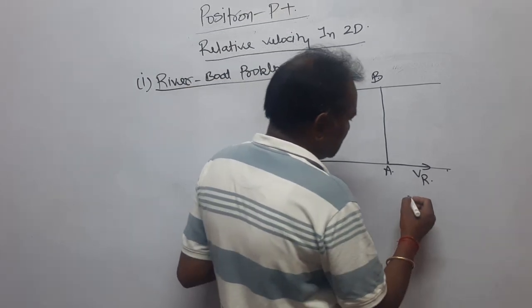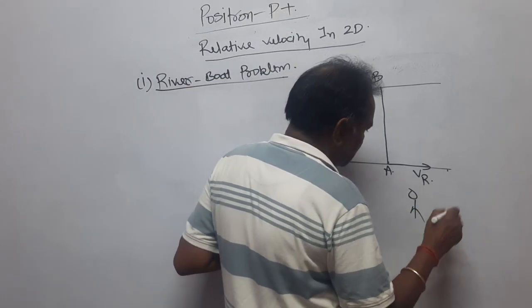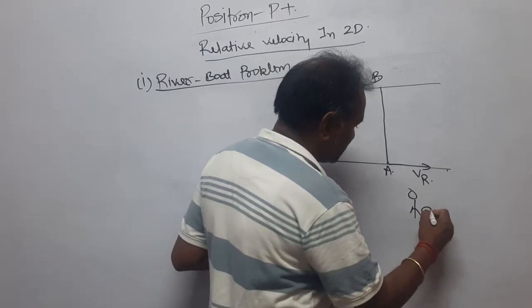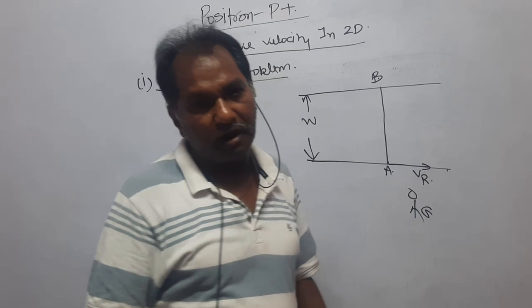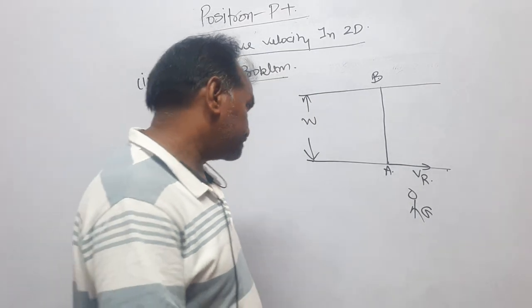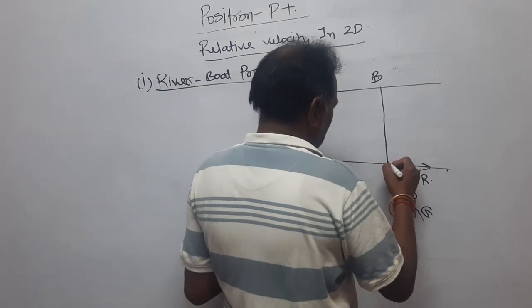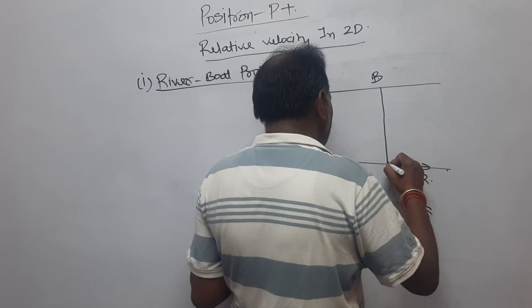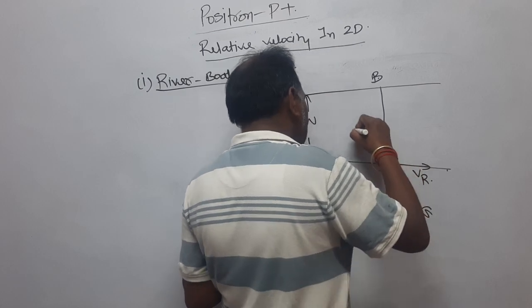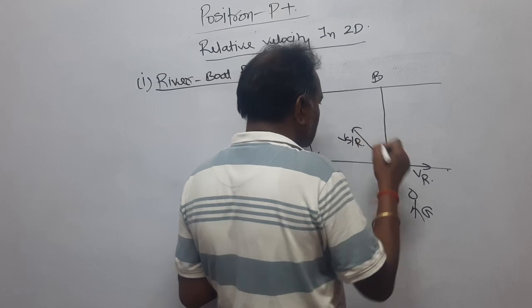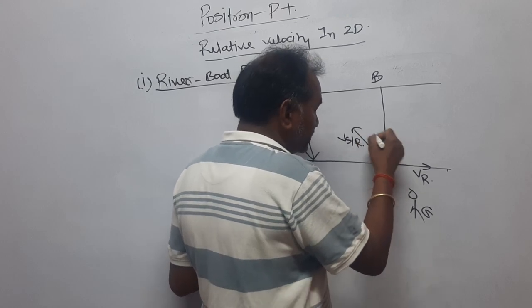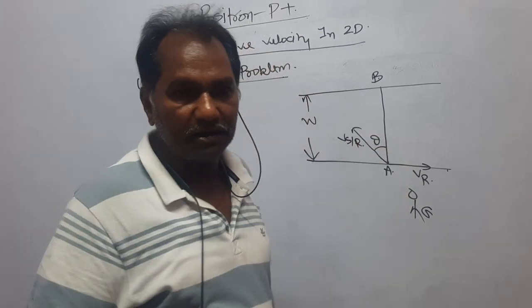Now, dear student, here is a person sitting on the ground, right? This is a person, an observer on the ground. So, with respect to this observer, I am going to solve the problem. Let the swimmer begin to sail in this direction. It is the velocity of swimmer with respect to river, VSR, making an angle theta from the vertical.